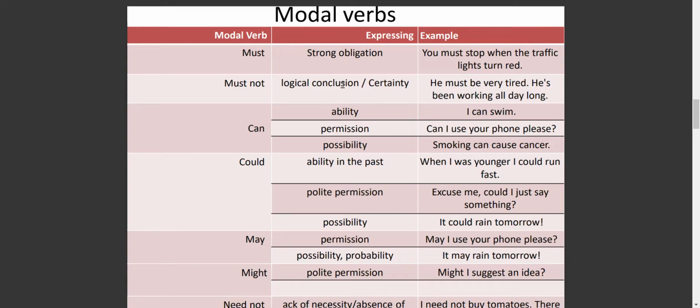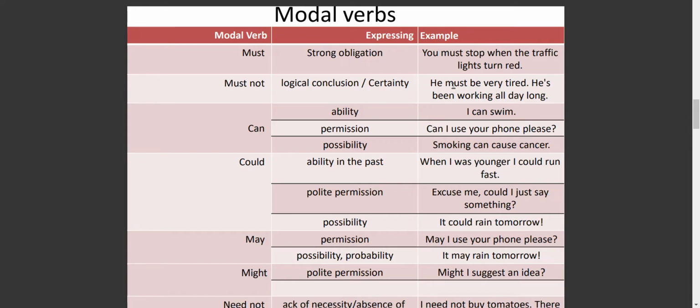Right. These are the modal verbs in front of you on this slide, and here the function each of these modal verbs expresses. And also here examples. Must not, logical conclusion, certainty. He must be very tired. He has been working all day long. Can: ability, permission, possibility.